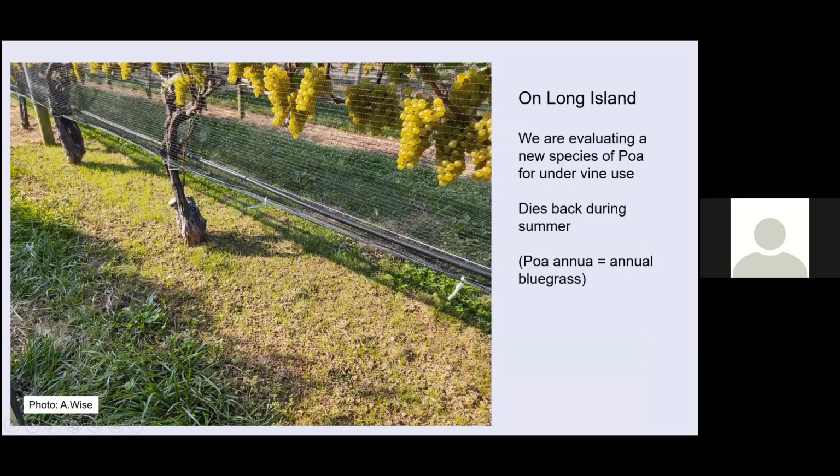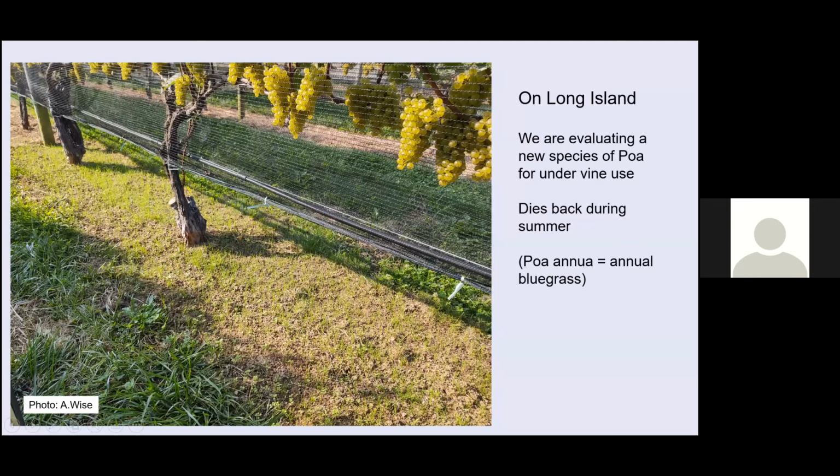So Dr. Senesac and I are actually experimenting with a new type of grass this year. This was a company out on the West Coast that contacted us, and this is a new type of POA grass. You know, POA annua is annual bluegrass. It's a new species of POA grass that actually purportedly dies down in the summer.